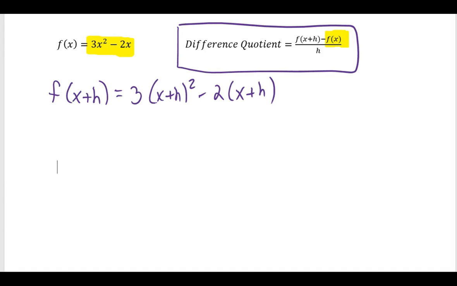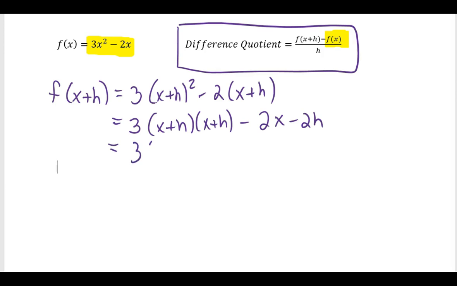Okay, and now I'm going to simply expand it out and simplify it. So this is the same thing as saying x plus h times x plus h, which is x squared plus 2xh plus h squared.